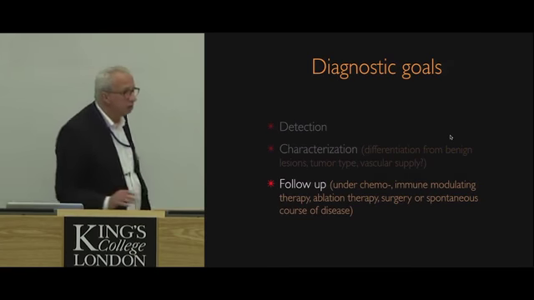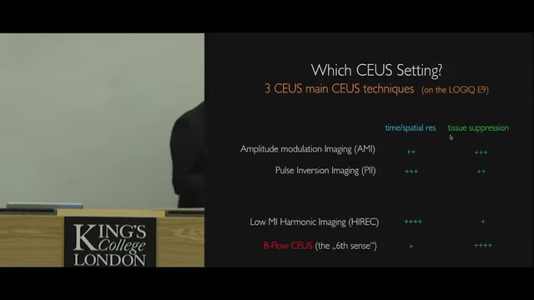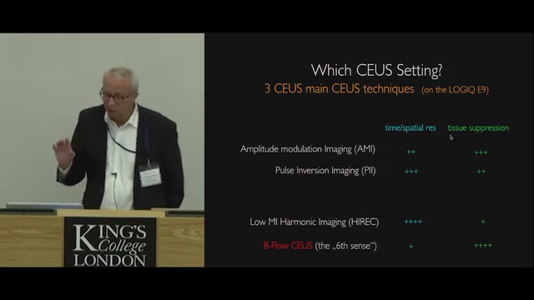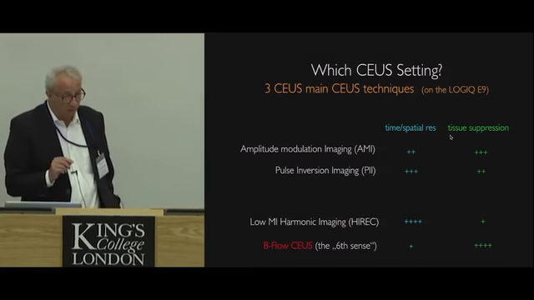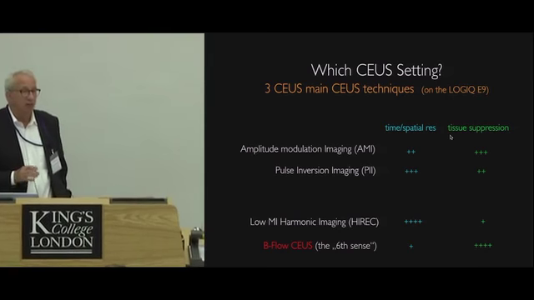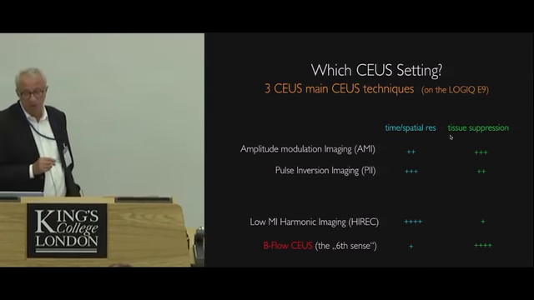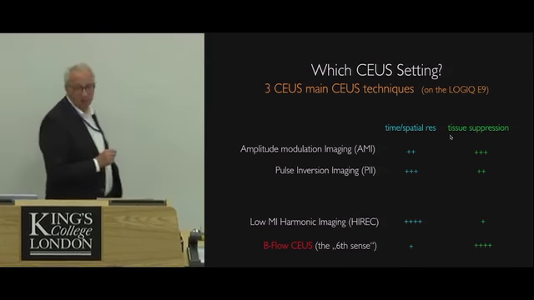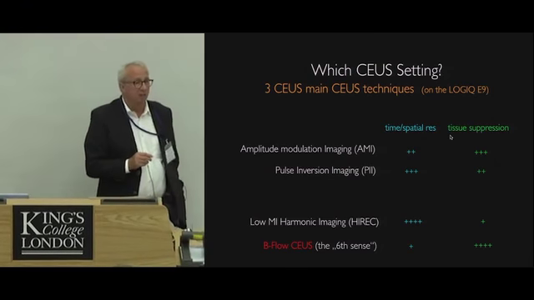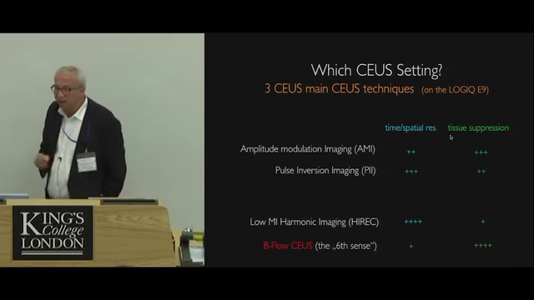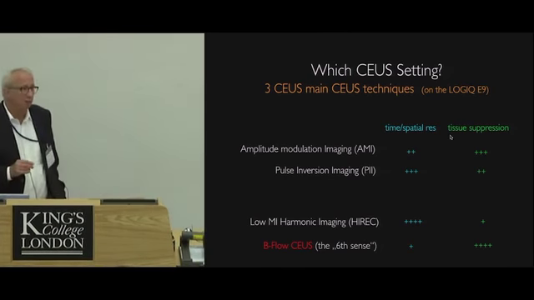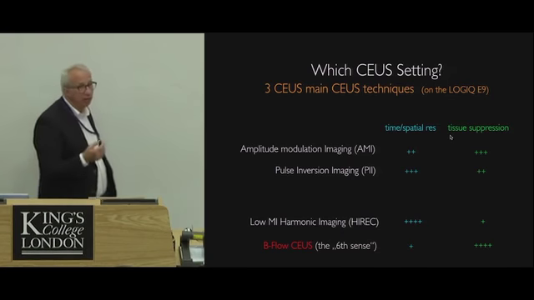So, of course, it's also important that we look at the techniques that we are using to image contrast agents. Here are different ones, and you heard already in the first talk that we have two major techniques. Number one is the amplitude modulation imaging technique, AMI, that has the advantage of penetrating very well and very deep into the liver.